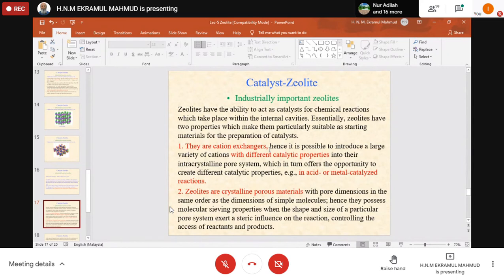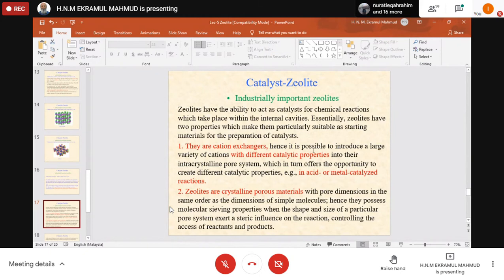Where is the cation? Suppose it is sodium oxide, as I told you, associated with that. It will go out and come back, but we are not changing it with aluminum or silicon. It's the other cation, the inorganic oxides available with that, and we exchange the cations with that.